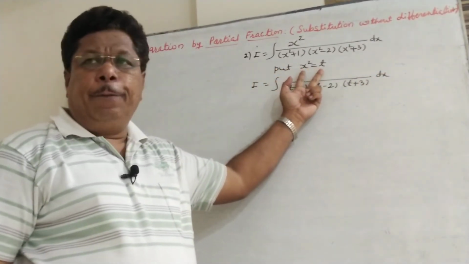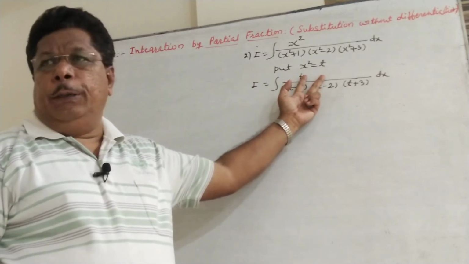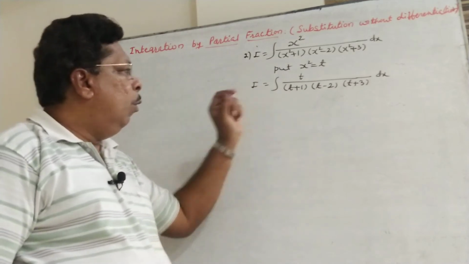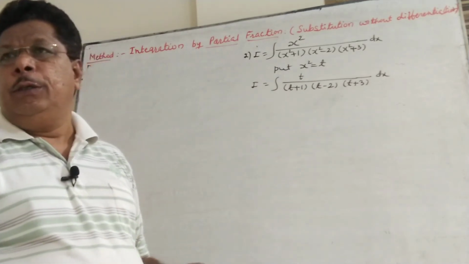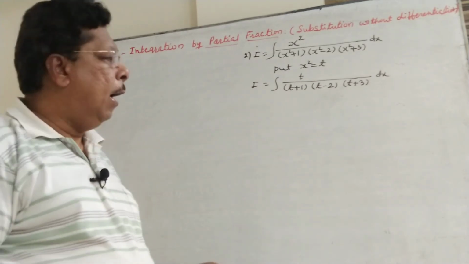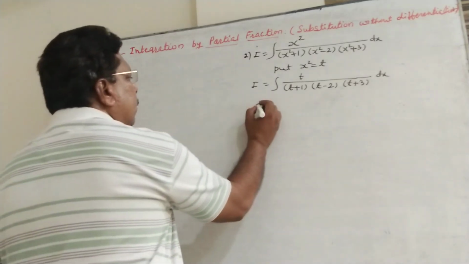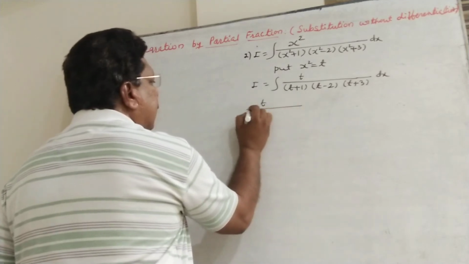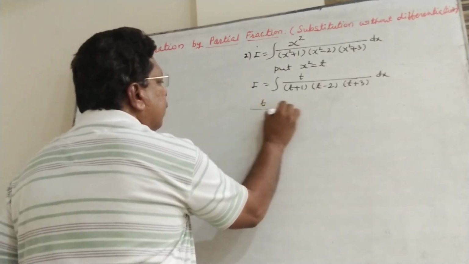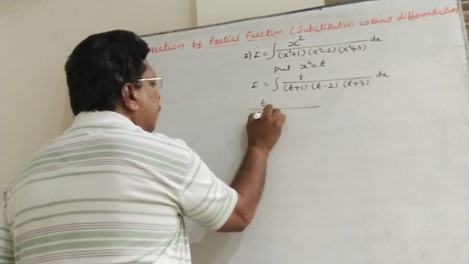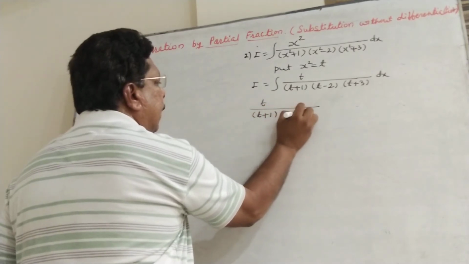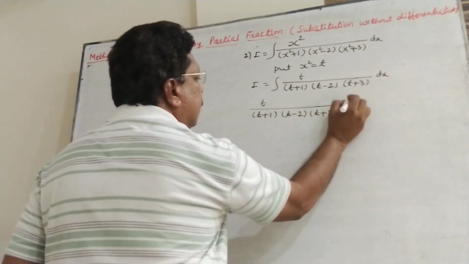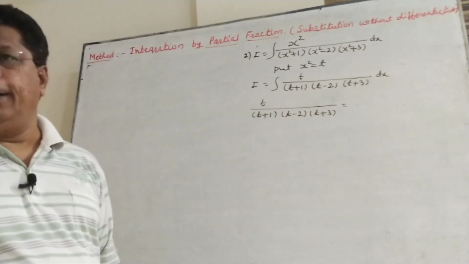We have taken the substitution but have not differentiated. So simply it is t. Okay, now take this term. t upon t plus 1, t minus 2, t plus 3 is equal to, three factors are there.